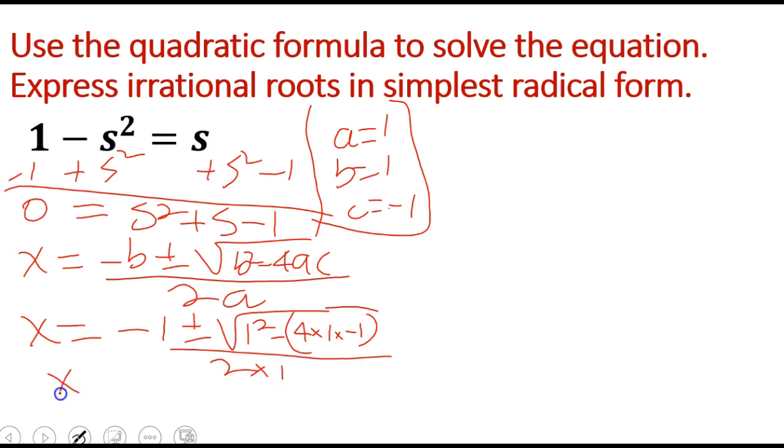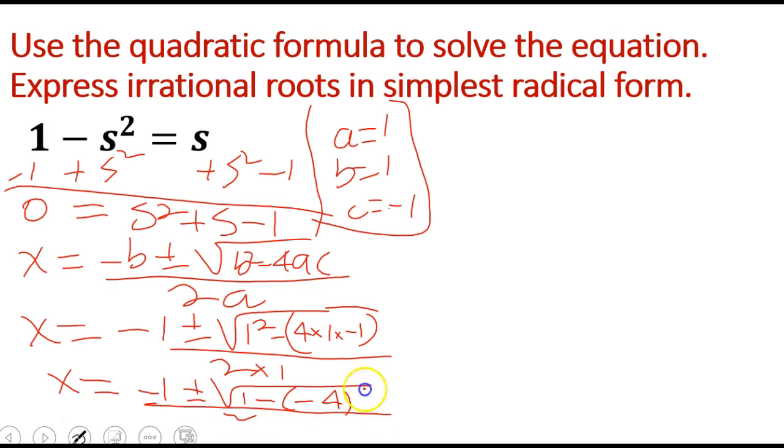Okay, so x equals negative 1 plus or minus square root of 1 squared is 1, minus 4 times 1 times negative 1 is negative 4, all over 2 times 1 is 2.